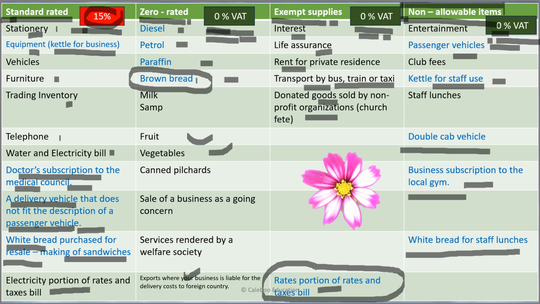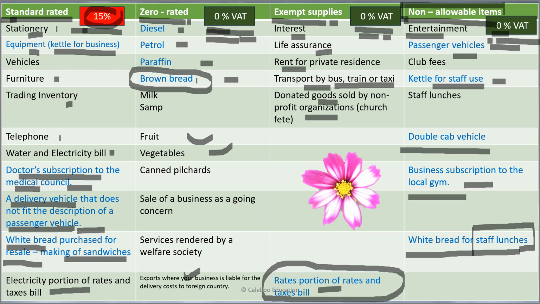White bread for staff lunches, anything that is for the staff, 9 times out of 10, maybe 10 out of 10, it will fall under non-allowable. So this table here has given you examples of standard rated items, zero rated items, exempt supplies, and non-allowable items.